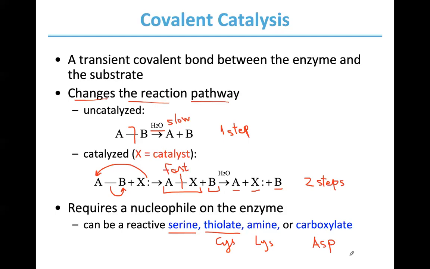So covalent catalysis, we'll see actually examples of covalent catalysis when we talk about chymotrypsin and lysozyme later in this chapter. There will be examples of covalent catalysis. Even though it involves multiple steps, each step is significantly faster than the one step in an uncatalyzed reaction, which is slow.